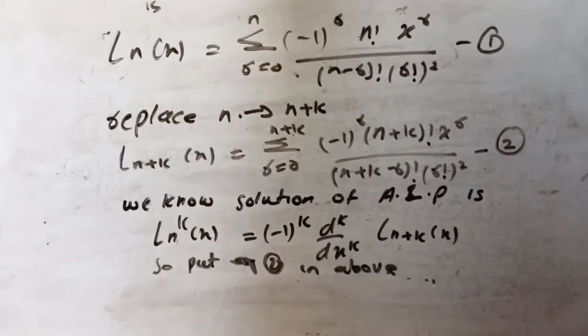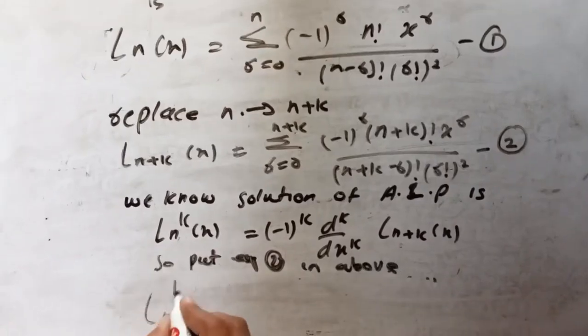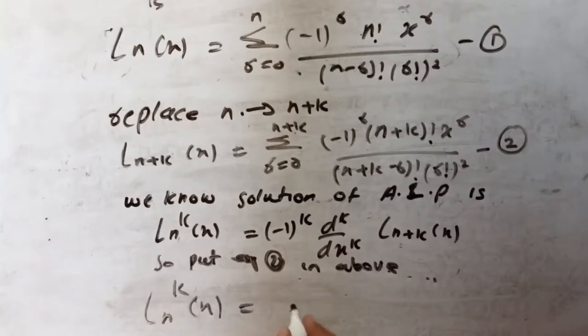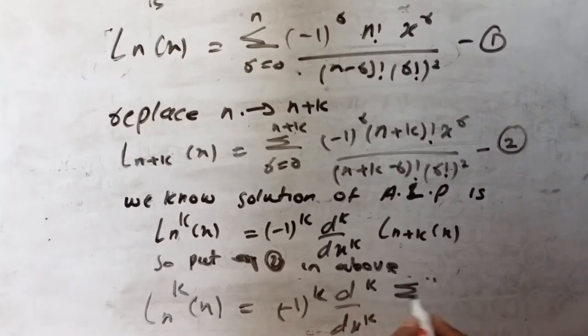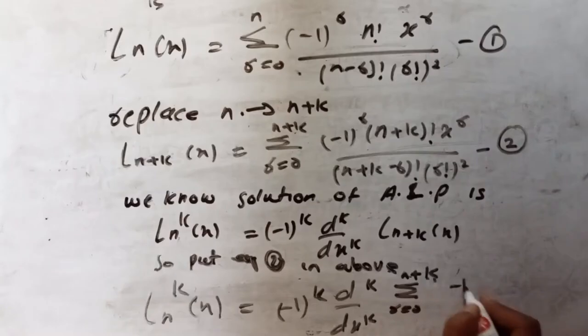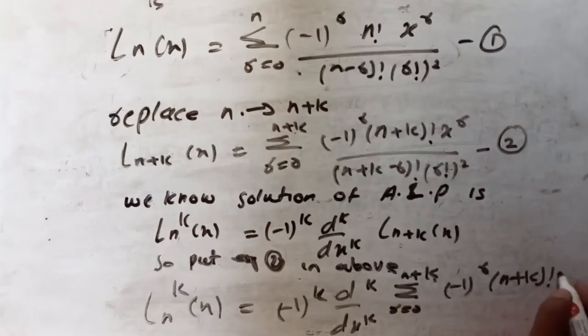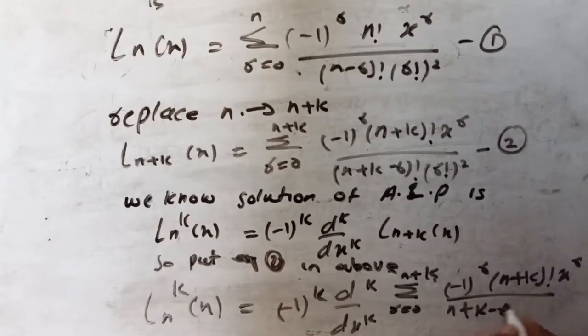So this becomes L_n^k(x) is equal to (-1)^k times the kth derivative of the summation r is equal to 0 to n plus k of (-1)^r (n+k)! x^r over ((n+k-r)!)² r!. This is equation number 3.